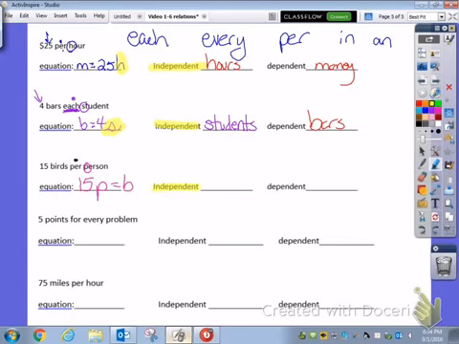What is my independent? The independent is always after the per. It tells me what we're starting with. So person, and the person affects the number of birds that are shot. So the birds depend on the people. Okay?